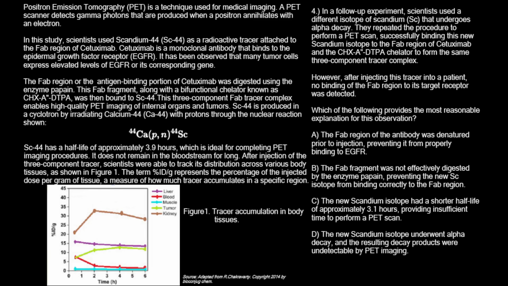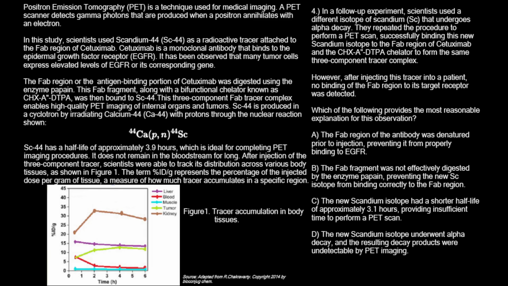Answer choice A. Says the Fab region of the antibody was denatured prior to injection, preventing it from properly binding to EGFR. Answer choice B says the Fab fragment was not effectively digested by the enzyme papain, preventing the new Sc isotope from binding correctly to the Fab region.